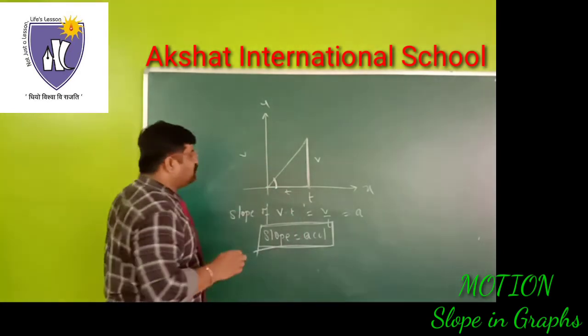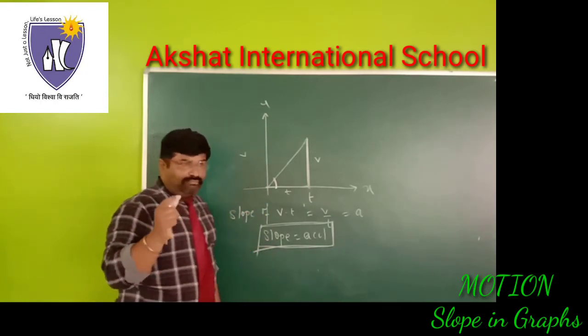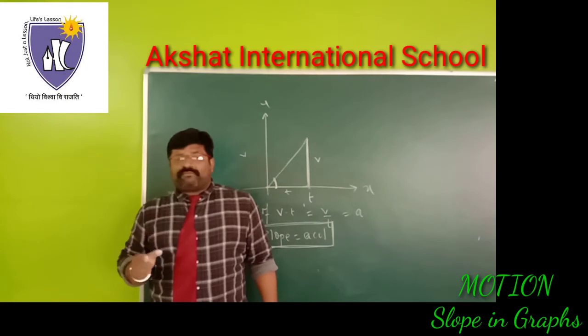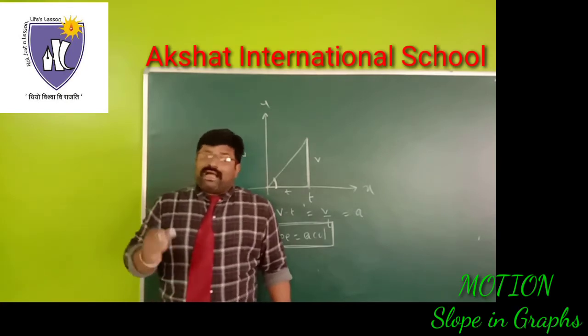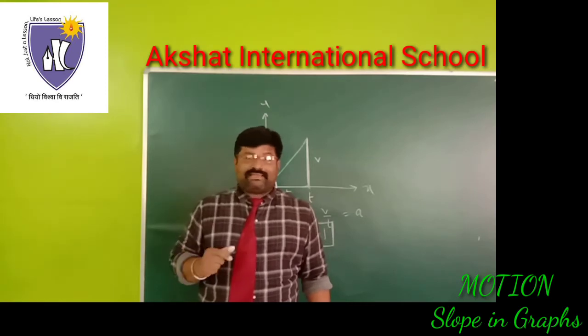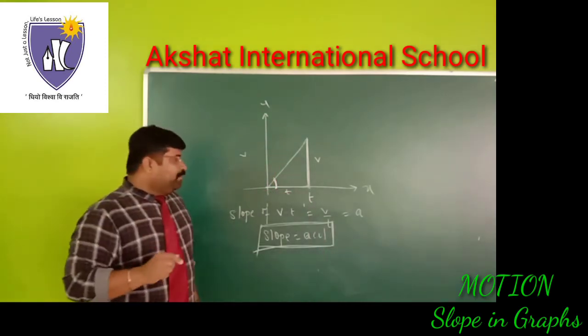So we studied two different things: first, the slope of a distance time graph represents speed or velocity, and the slope of a velocity time graph represents acceleration. Keep these two things in your mind.